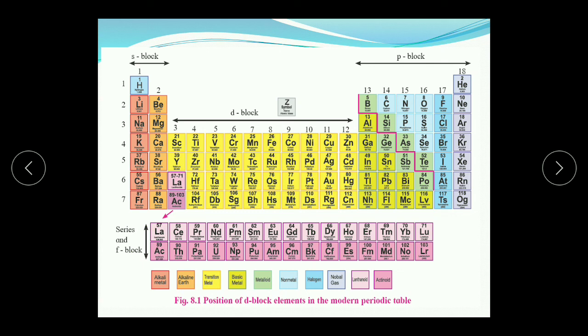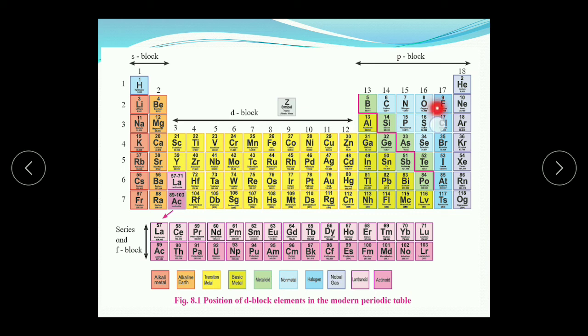So if you look at the periodic table, you will observe that to the extreme left, S block, strong metals are there. Metallic property goes on reducing as we move from left to right. And in P block, there are all varieties of elements. That means the 18th group belongs to noble gases, and the 17th group to halogens, which are all non-metals.